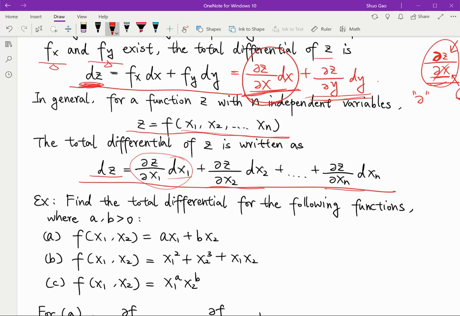And for the last term, this is the change of z given the change of xn. And you add all the terms together to get a total change of z when all the variables change a little bit. Right, so dz is called a total differential or total change of z.